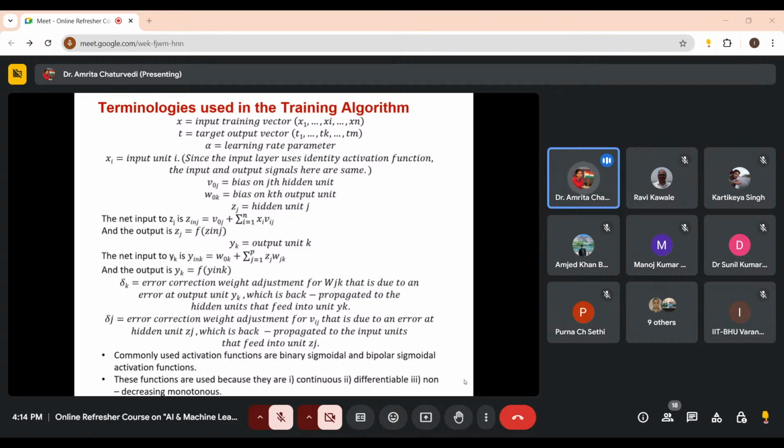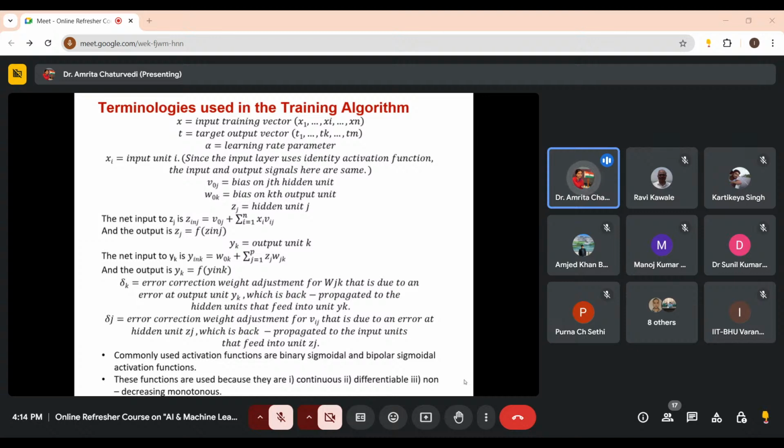Why? Because there are P units in the hidden layer, so the length of the Z vector is P. Then the output Yk is calculated by applying the activation function over this net input, that is f of Yin.